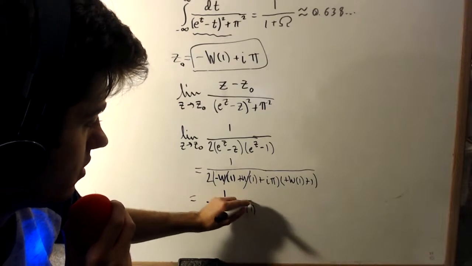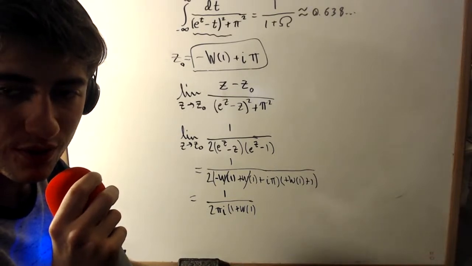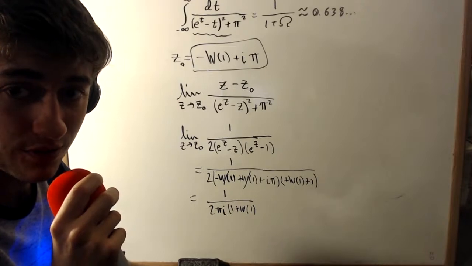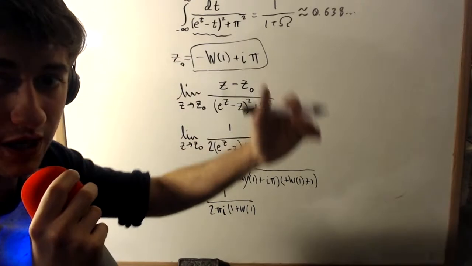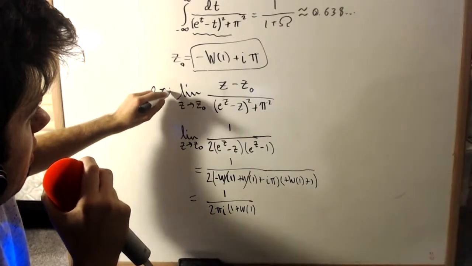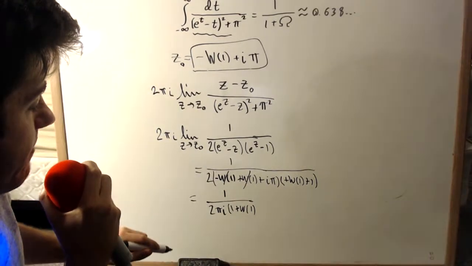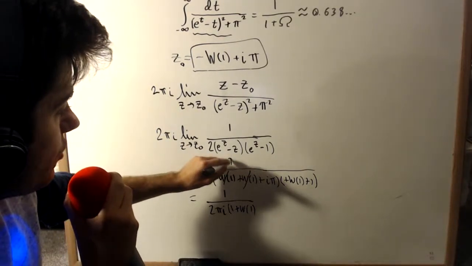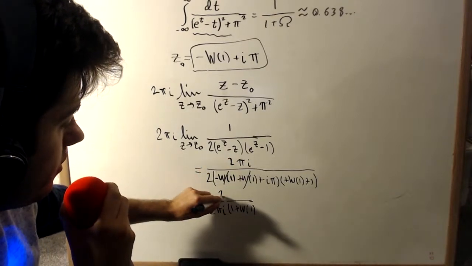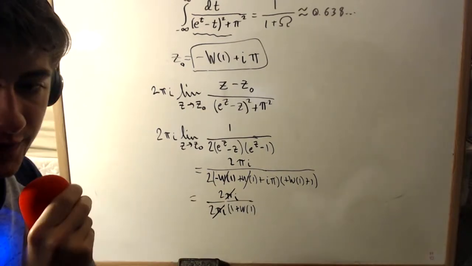But what do we have to do when we do residues, right? The integral over the contour is 2 pi i times the sum of the residues, or all of them that matter. And so when we multiply by 2 pi i, we actually cancel with the 2 pi i in the denominator, which is absolutely bloody brilliant.